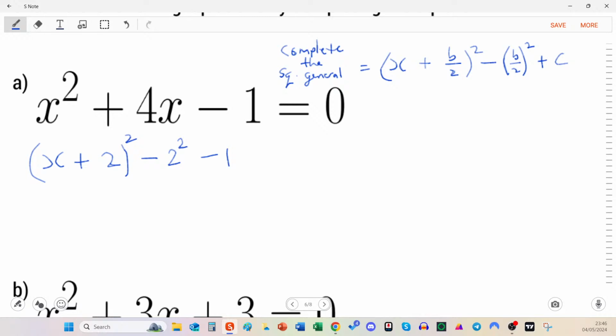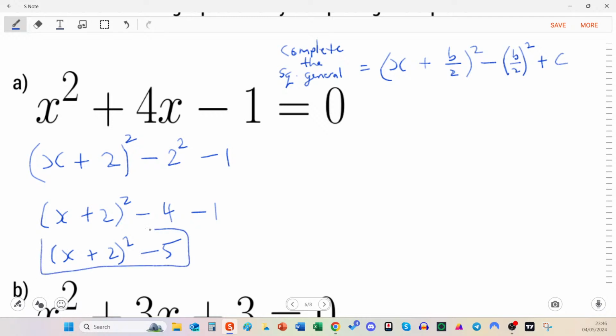If you're into that, that's roughly what we're doing, but it works every single time. It's really good. We're going to use this for all of these questions. And what does this turn out to be? x plus 2, take away 4, minus 1, which is x plus 2, all squared, take away 5. And put it in a box to show you we've completed the square.